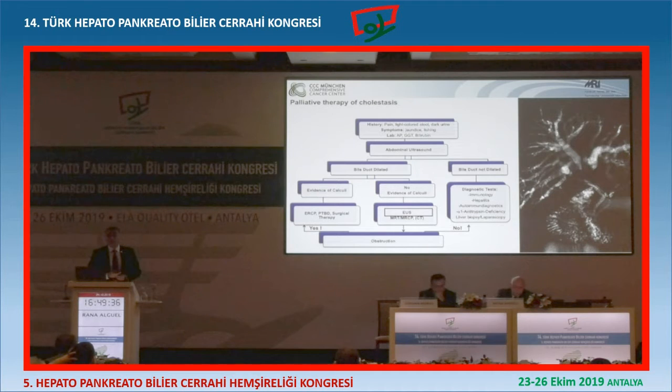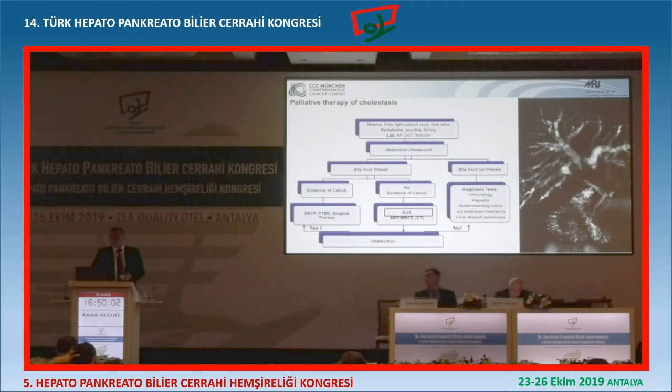What you should not do, and I think all the surgeons who are sitting here will agree with me, you should not do ERCP in a patient with bile duct obstruction, intrahepatic, before doing MRI or CT scan. But EUS is possible. It gives you information, either impacted calculi that you cannot see in the abdominal ultrasound or something else.